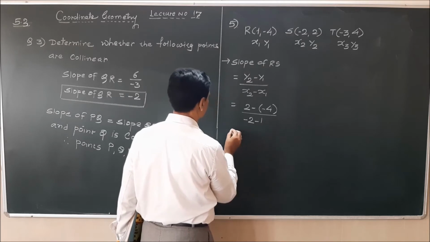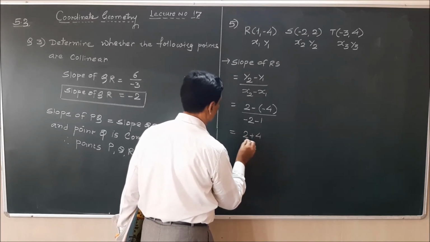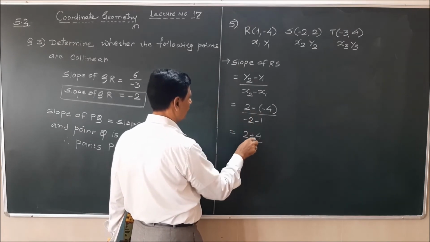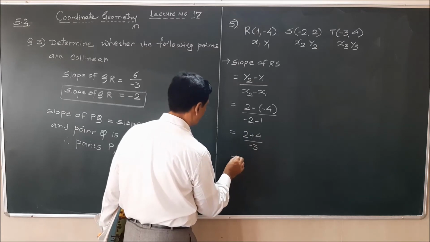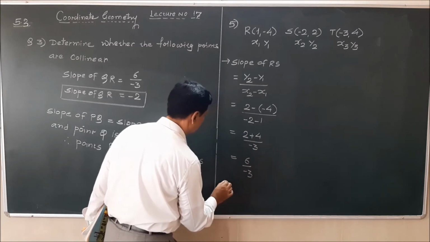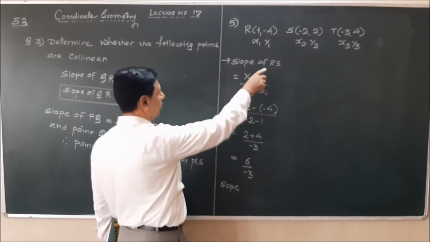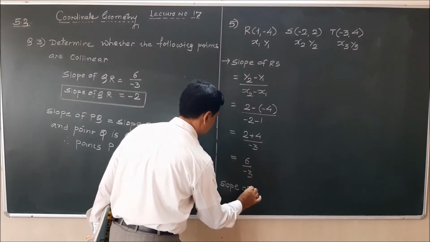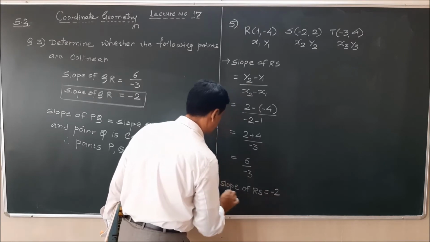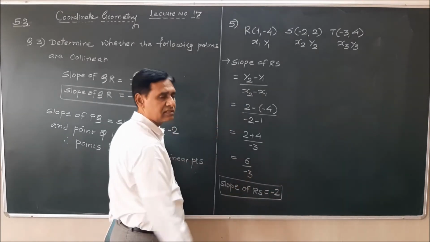That will give us 2 plus 4 upon minus 3. 4 plus 2 is of course 6 upon minus 3. Therefore slope of RS is equal to minus 2, since 3 2s are 6.